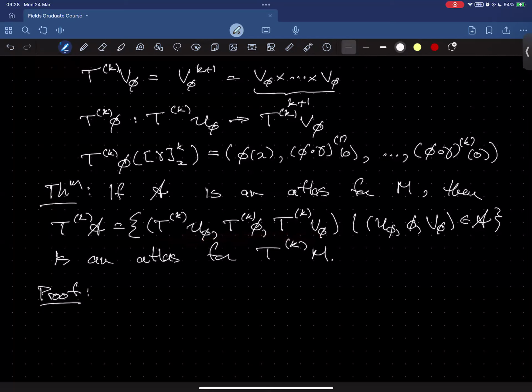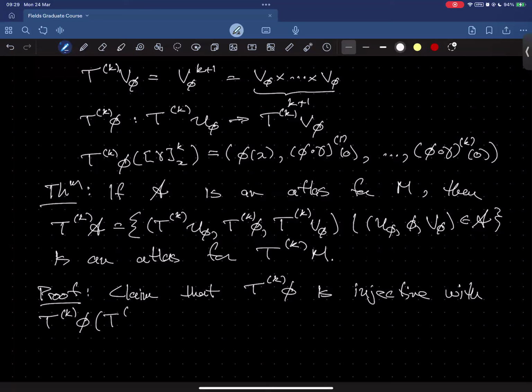So we're going to claim that T^k phi is injective, with its image, T^k U_phi, being phi of U_phi in the first component, and then everything else is unrestricted.